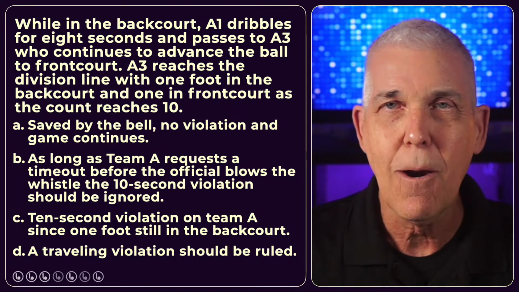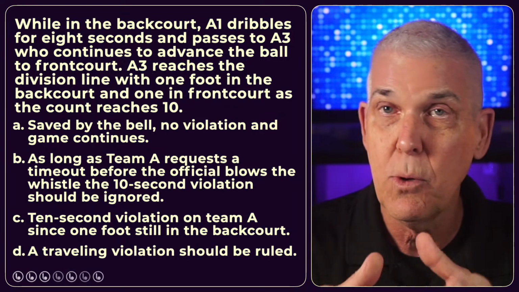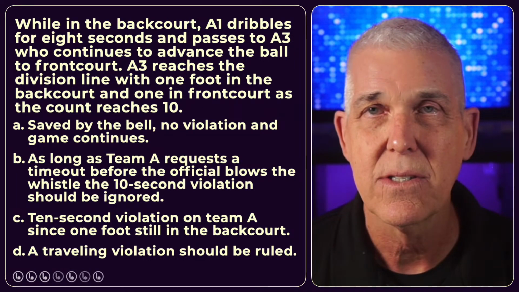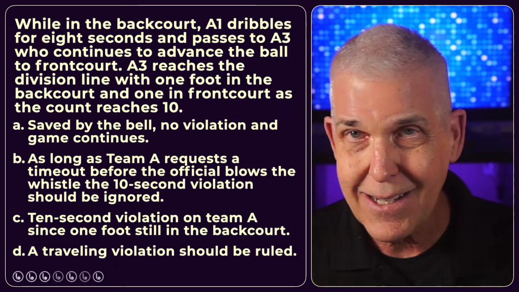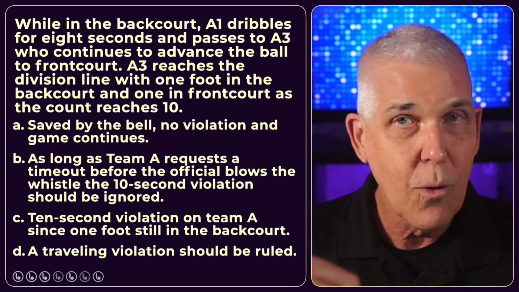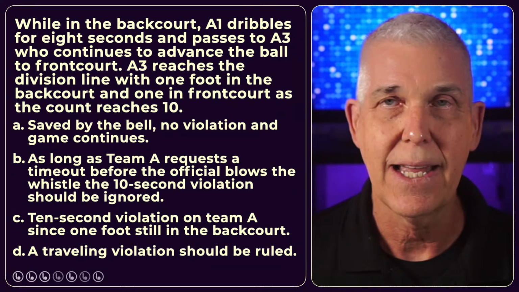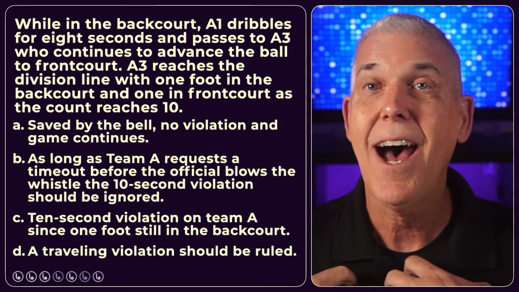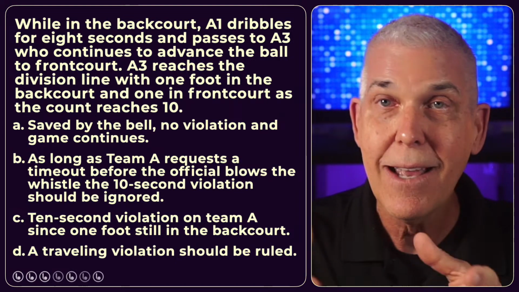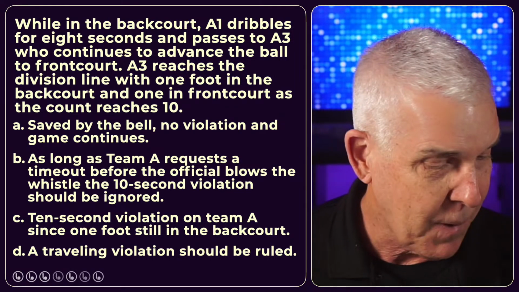But in this situation, our player who dribbles and terminates their dribble with 1 foot in the backcourt, have they gained front court status? If they are contacting the division line, which is part of the backcourt, they still have backcourt status. So this team has not accomplished their goal of gaining front court status before 10 seconds has expired.